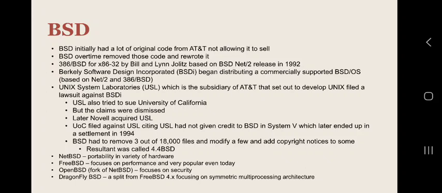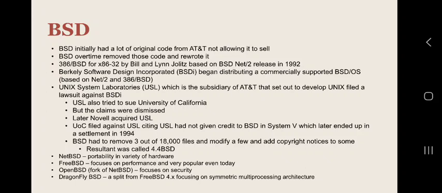The other aspect is the Unix System Laboratories. There was another entity, a subsidiary of AT&T that set out to develop Unix. They filed a lawsuit against BSDI, and this is the legal issue that I was talking about.